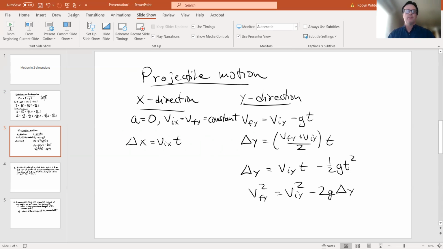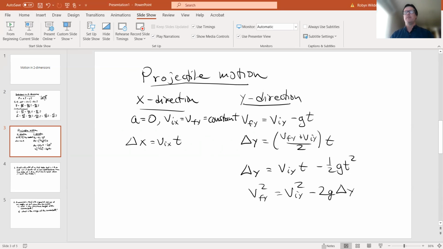So what's going to happen in projectile motion is that we are going to have really two problems, right? One problem is the free fall up and down, where we can apply our free fall kinematic equations. The other is a constant velocity motion horizontally. Now the motion's connected, and the way it's connected is through the time. For example, if I wanted to know the x and y positions of a particle at a certain place, the time is going to be the same.